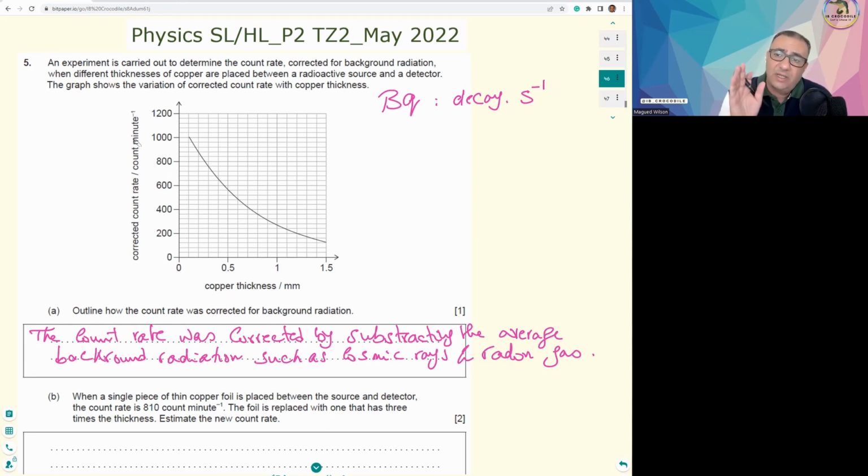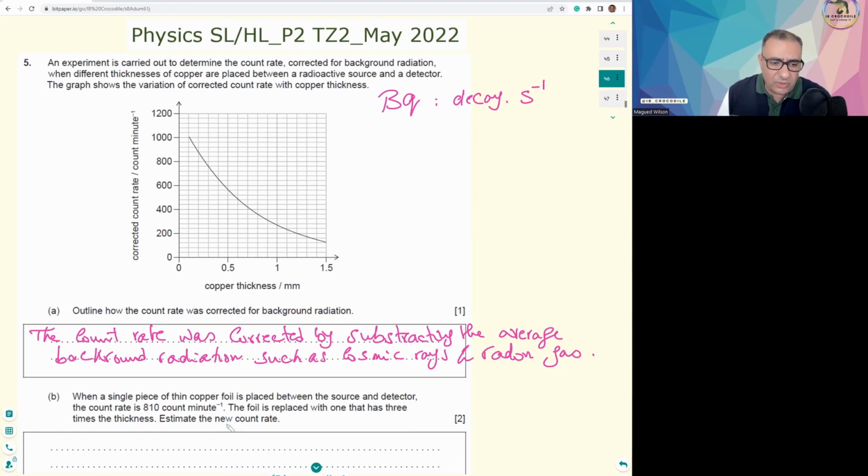So in this case I do not need to do any conversion, but as a tip, you always need to make sure the units are consistent, otherwise you will need to convert. Now the foil is replaced with one that has 3 times the thickness, when it was 810. Now estimate the new count rate.